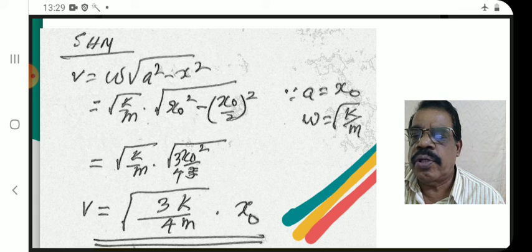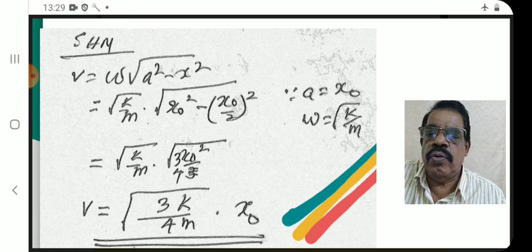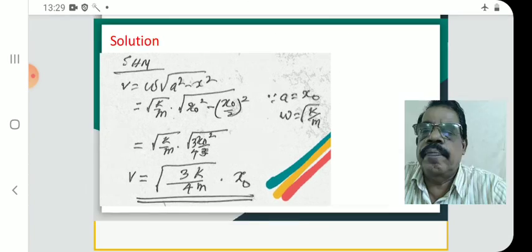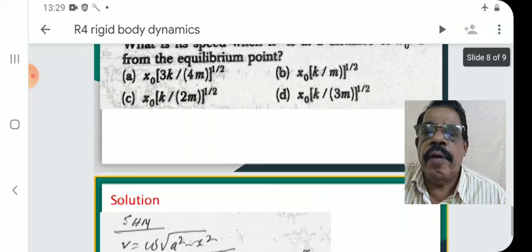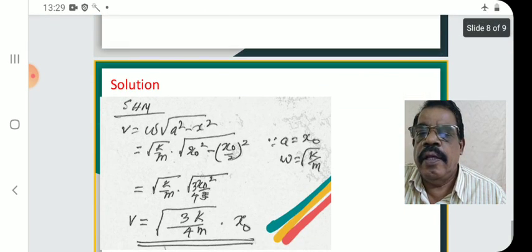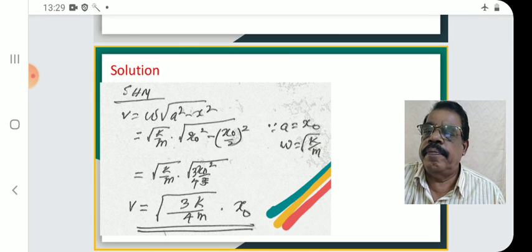Taking the root, v is equal to root of 3 by 4 k by m, root of x0 square, x0. The answer is root of 3k by 4m into x0. That is A, the answer.